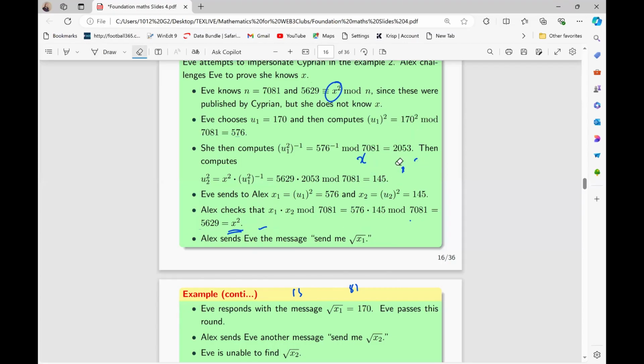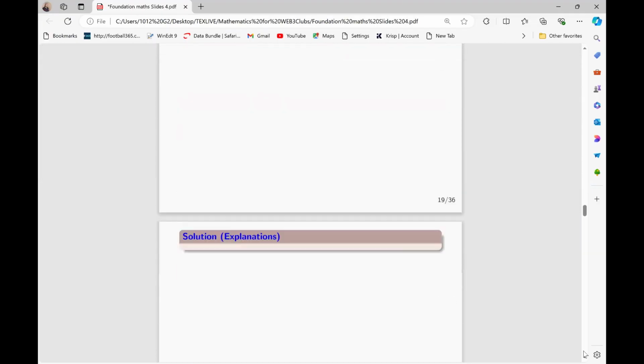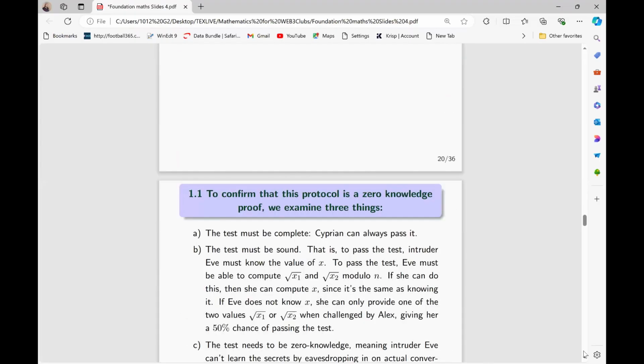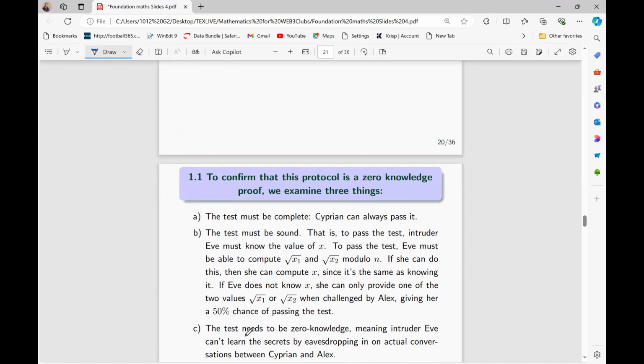And so when we left yesterday, we said that that is soundness. When we look at the things we use to confirm that the protocol is zero knowledge, we say that the test should be sound. And I explained what sound means.